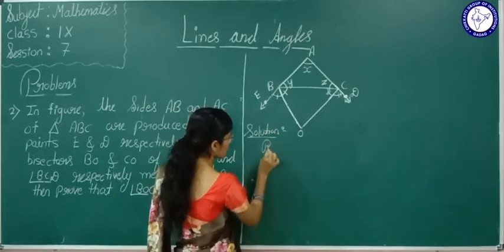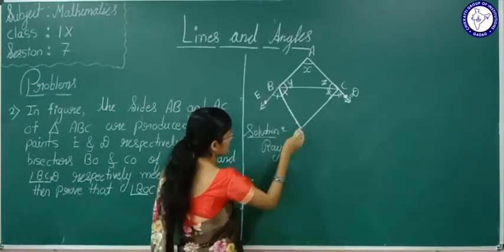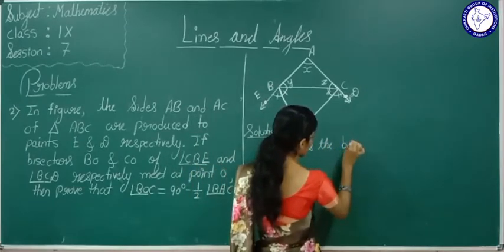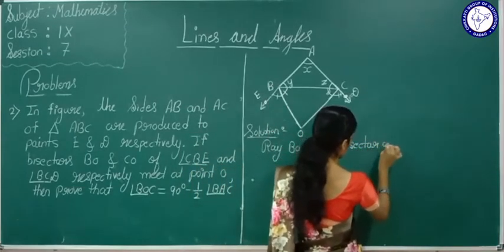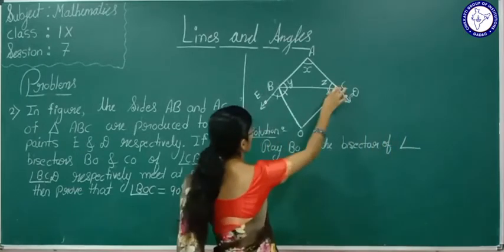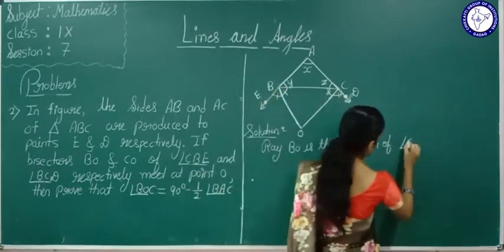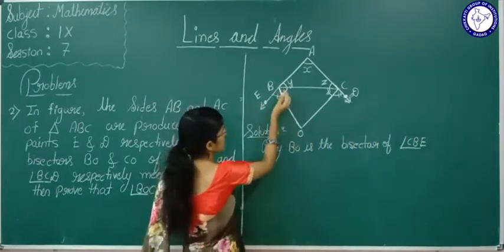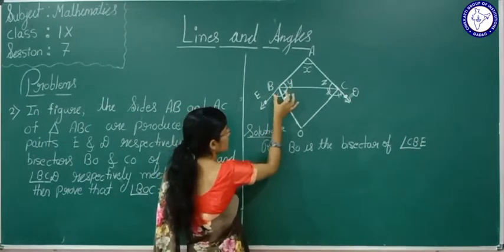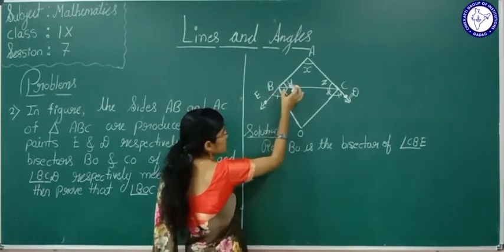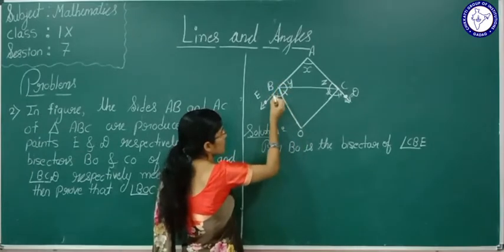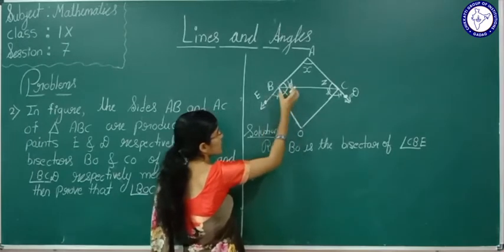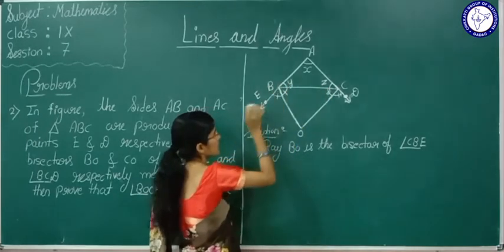We know that ray BO is the bisector of angle CBE. Bisector means what? A bisector means the full angle is going to be divided into equal parts. Here BO is the ray which is going to make equal angles of CBE.